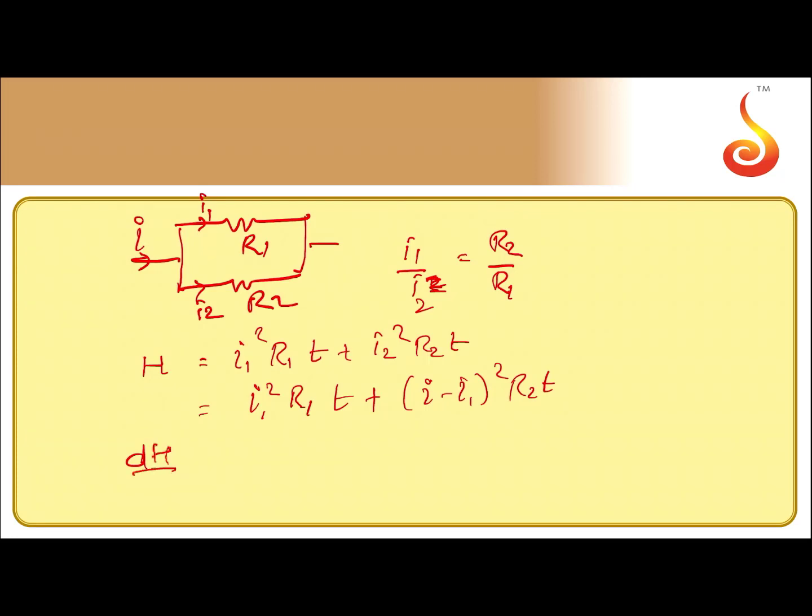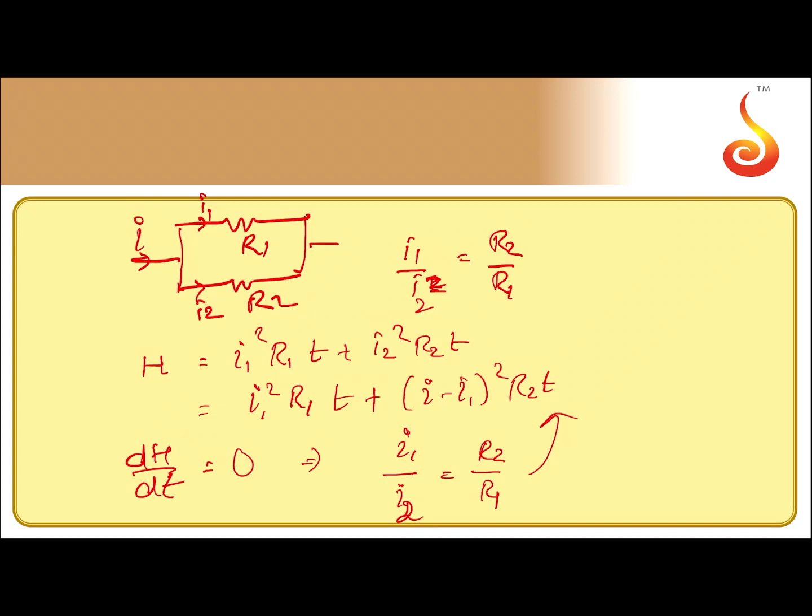Now if the heat produced is minimum or maximum, then dH by dt is equal to 0. So if I differentiate and simplify, I get I1 by I2 is equal to R2 divided by R1. So if the currents are in this ratio, I get dH by dt equal to 0.